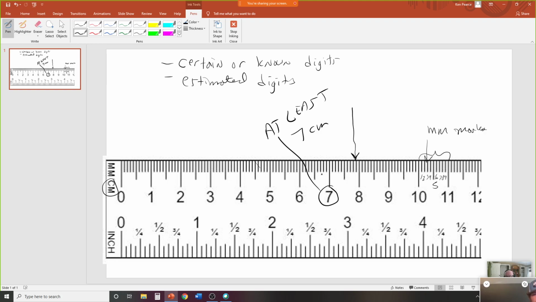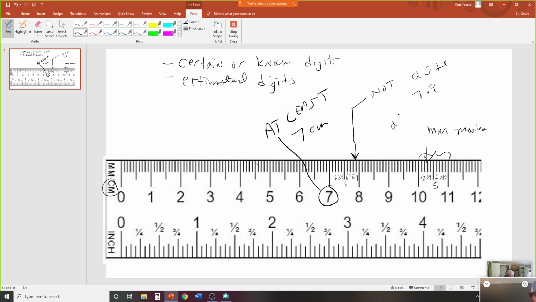So I look at this and I see that I have at least 7 centimeters, and I count across. That's 1 millimeter, that's 0.1, so this is 7.1, 7.2, 7.3, 7.4, 7.5, 6, 7, 8. Where I drew that line, it's not quite 7.9.